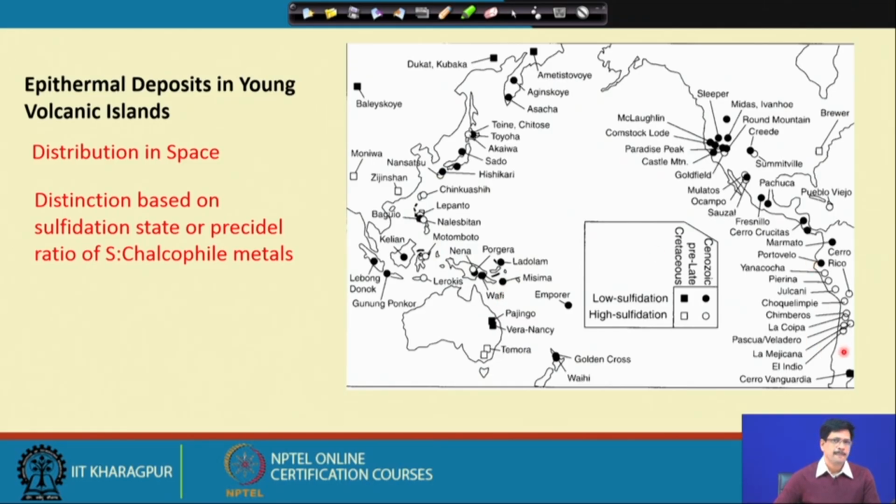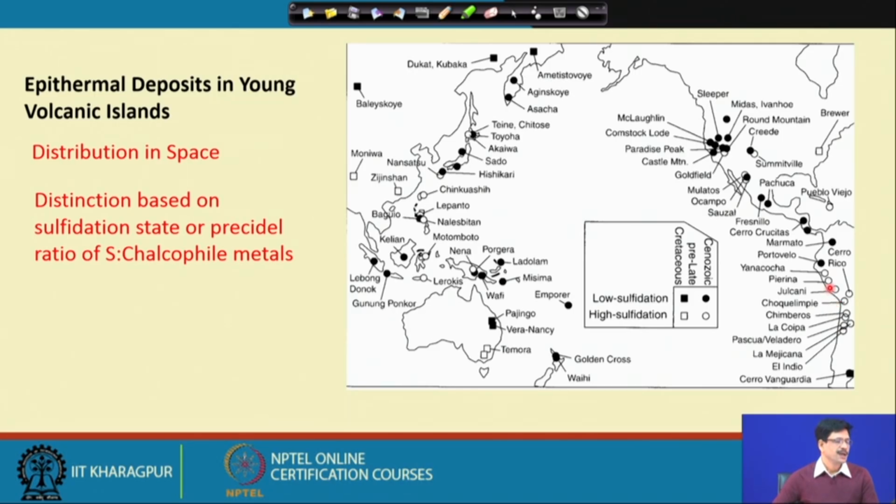As you could see here, the high sulfidation ones which are occurring in the Andean, Chilean Andes in the south, in the western margin of the South American continent, are very closely spatially associated with porphyry copper deposits.